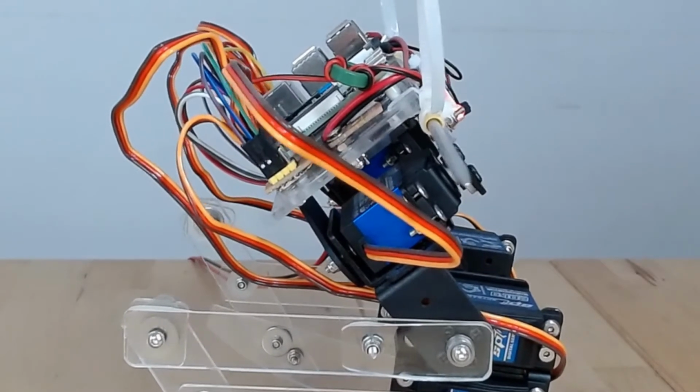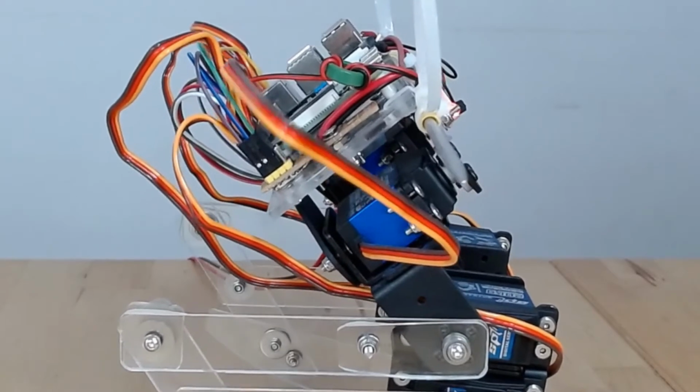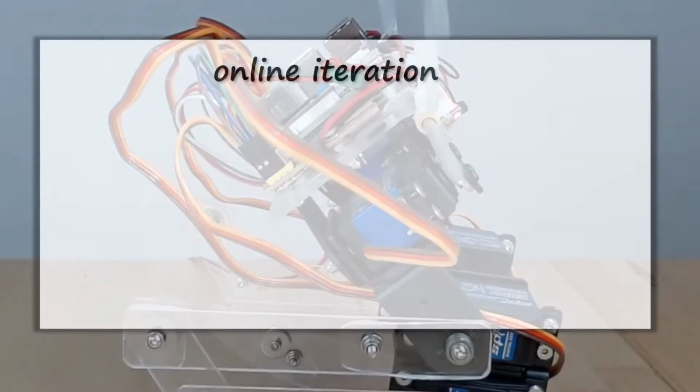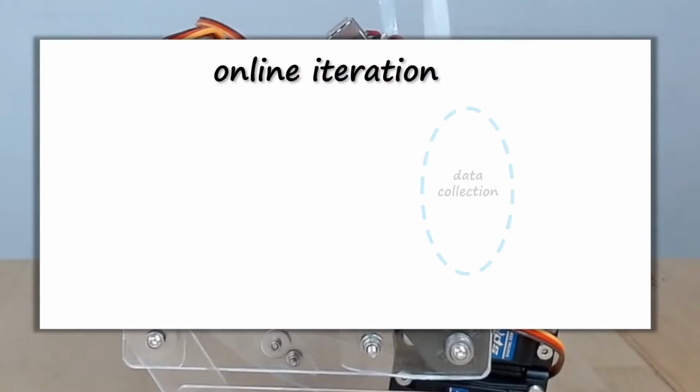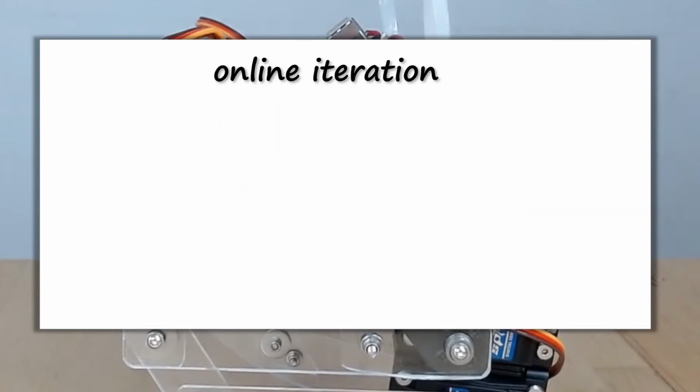So first up, what is this policy gradient algorithm? Well, it's an online algorithm, in that it combines the data collection, together with the process of actually training the models in some continuous cycle. The basic idea is as follows.